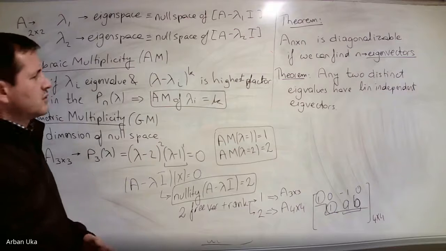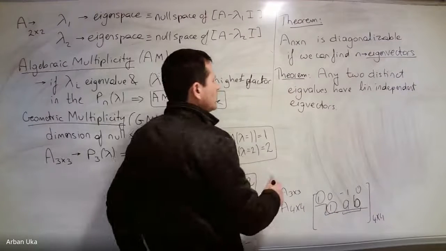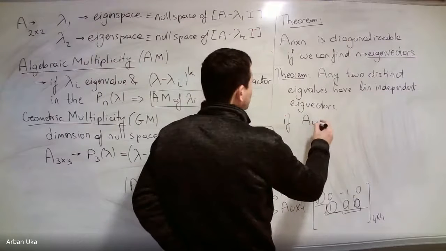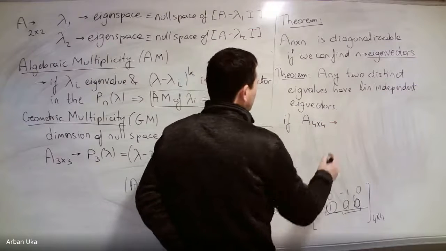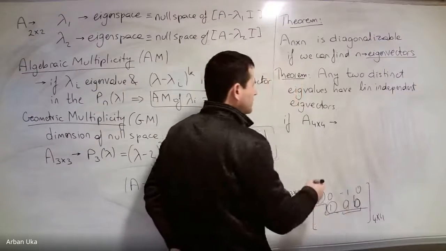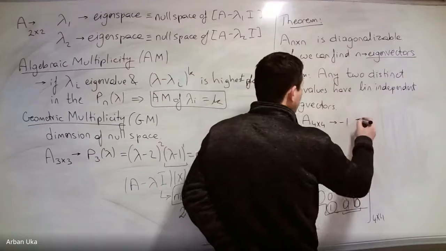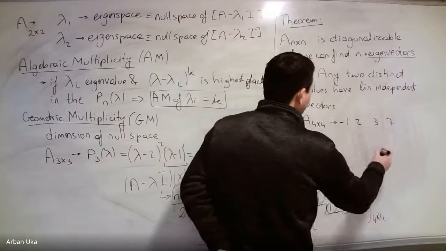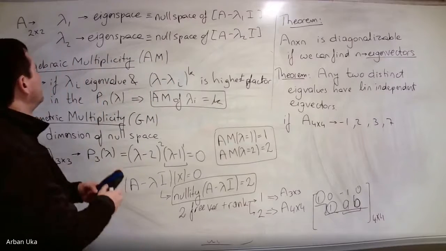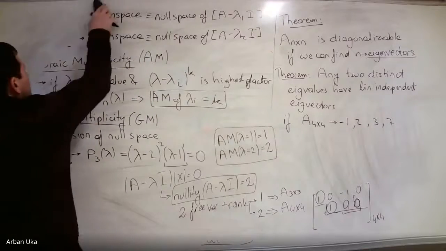Okay. So in this case, what we can say is that if we have a matrix which is 4 by 4, and if we find 4 different eigenvalues, I'm just saying, like -1, 2, 3, 7. Is this matrix diagonalizable? We say yes.